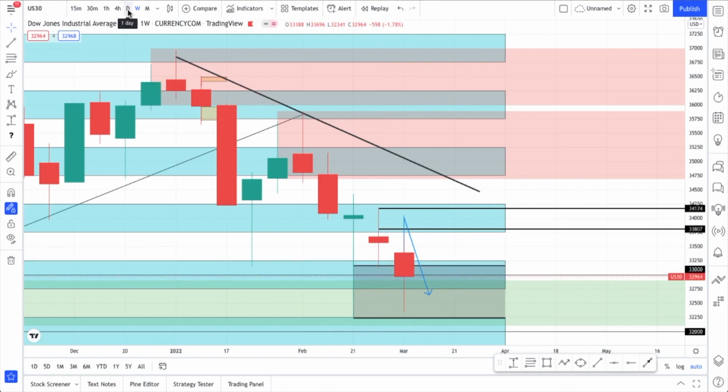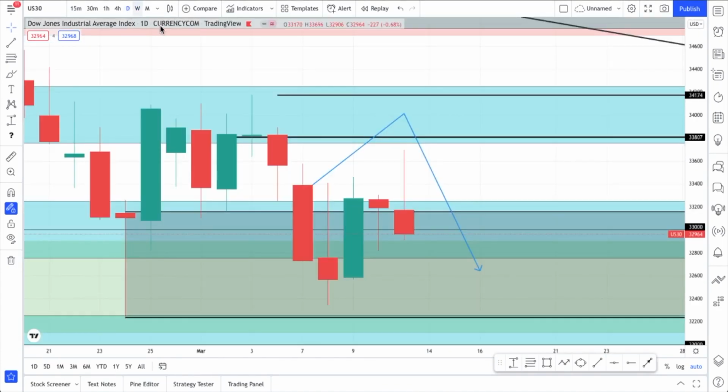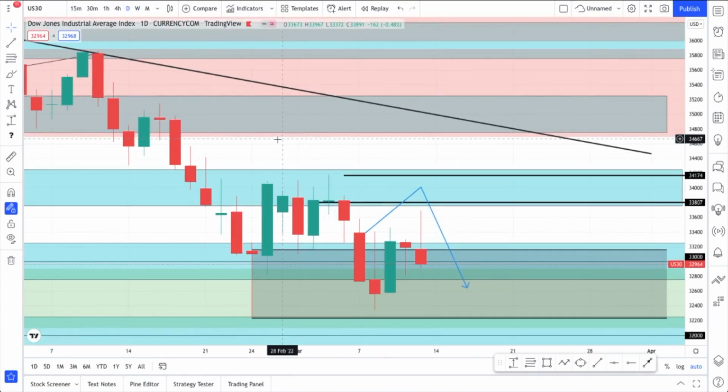If we move down to the daily time frame, we can see that prices have since not made any quite aggressive move in my understanding of how prices are moving. So again, I wouldn't want to trade the indices.